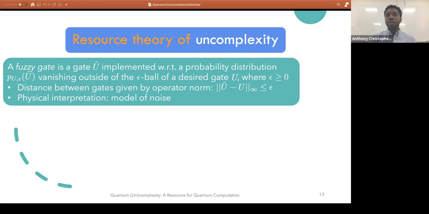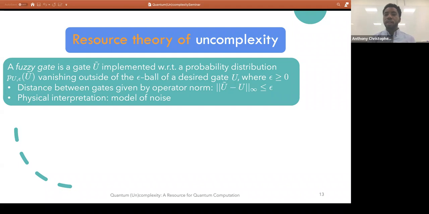Here we're giving a particular model of this noise, namely that the agent will actually implement some gate U tilde, which is within some epsilon ball of the desired gate, and that the probability distribution, at least initially going from U, can go in all directions.